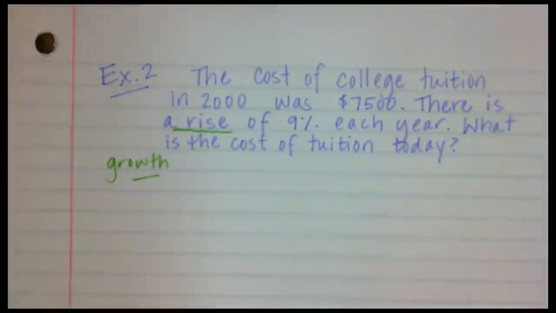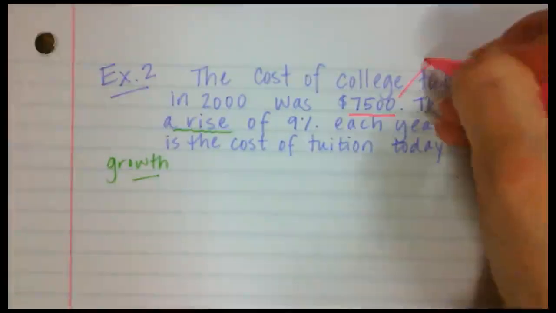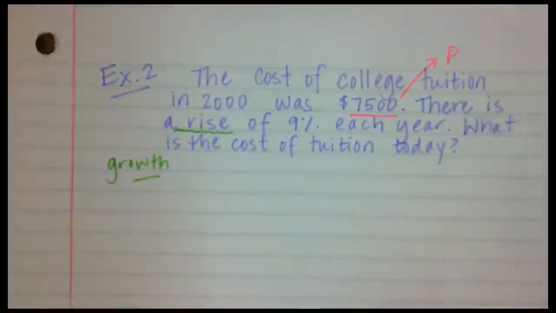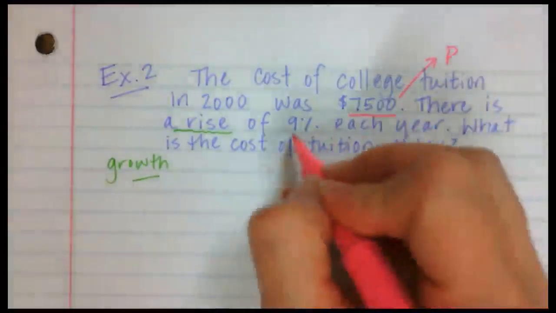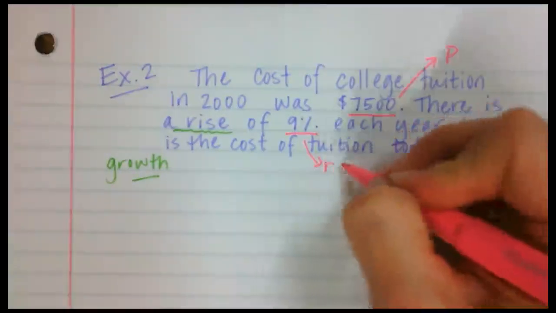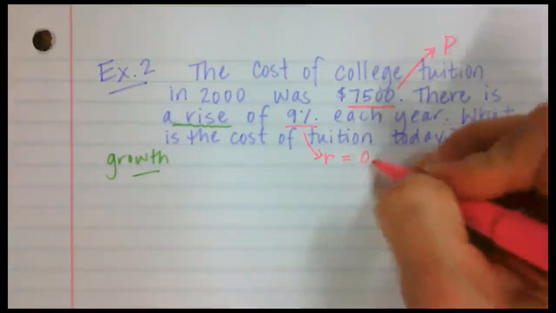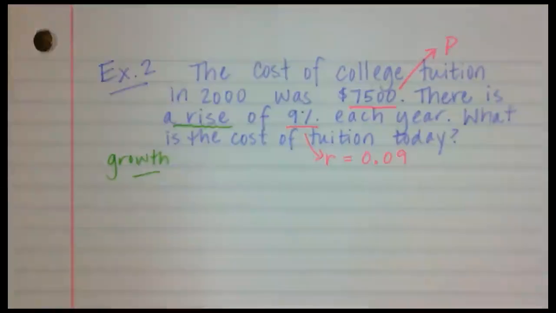All right. And now let's go through and identify what each variable is going to represent. So the 7,500 is the principal amount. That was the original amount. The 9% is the R. Remember, we write that as a decimal, so 9% as a decimal would be 0.09.